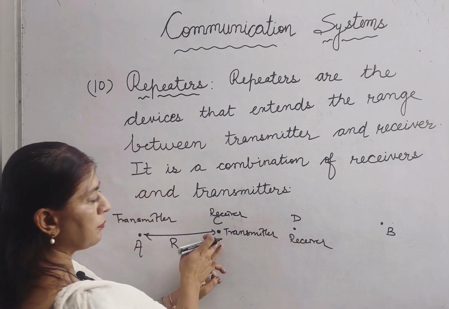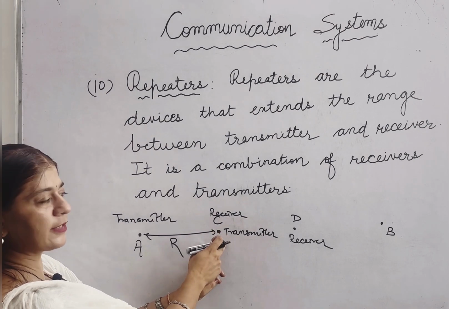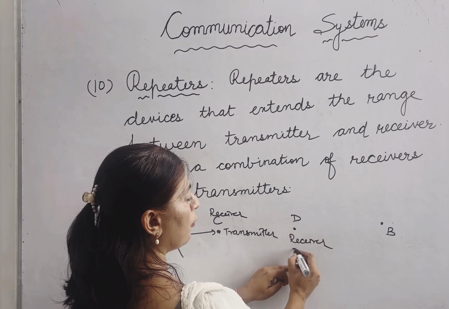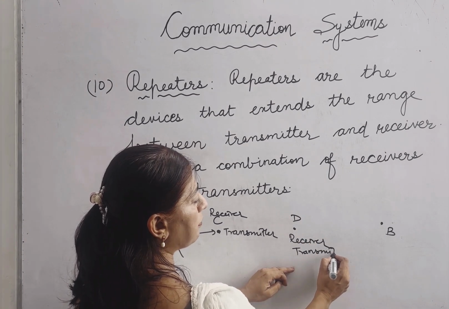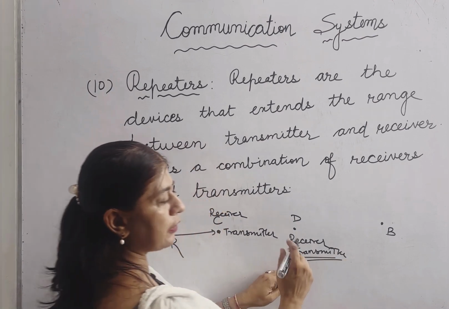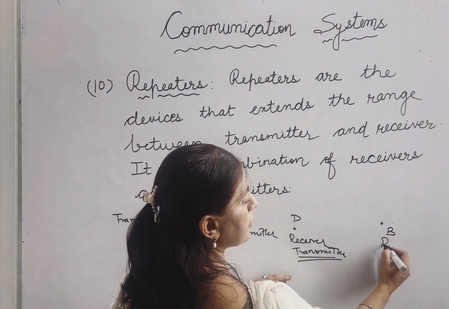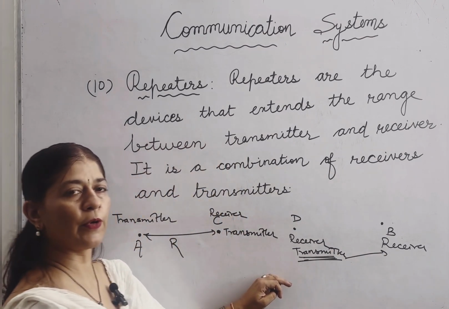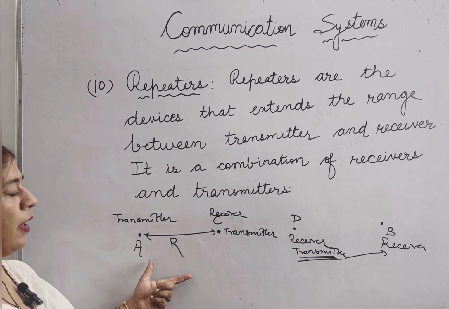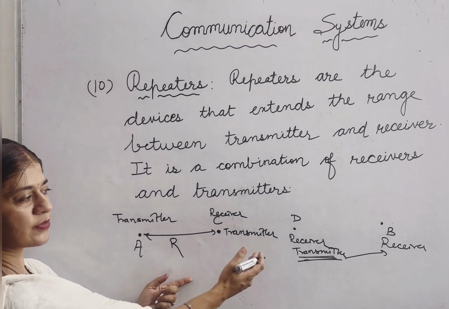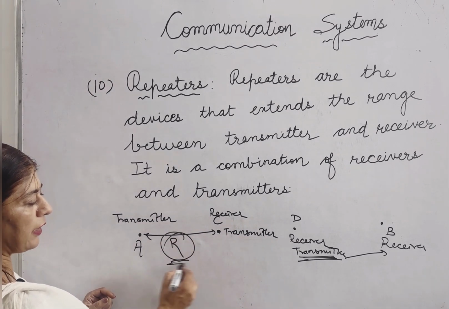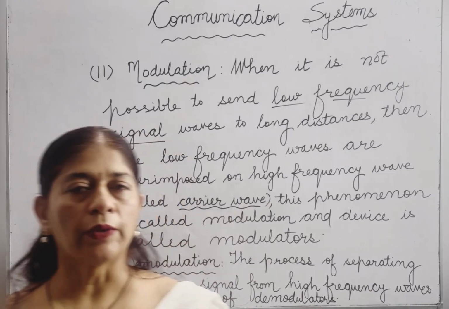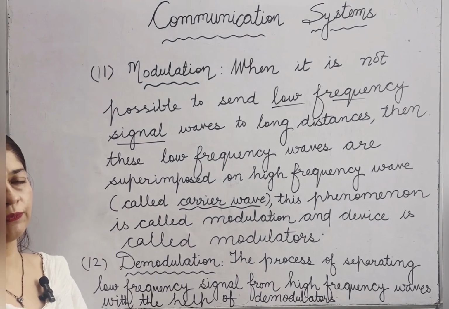The receiver will pick the waves transmitted from point C. Now we have to send it to B. So again at position D, one more transmitter will be placed, and that transmitter will send the wave to the receiver at B. This is how, by repeating transmitter and receiver, the range that was only R is extended from point A to point B.